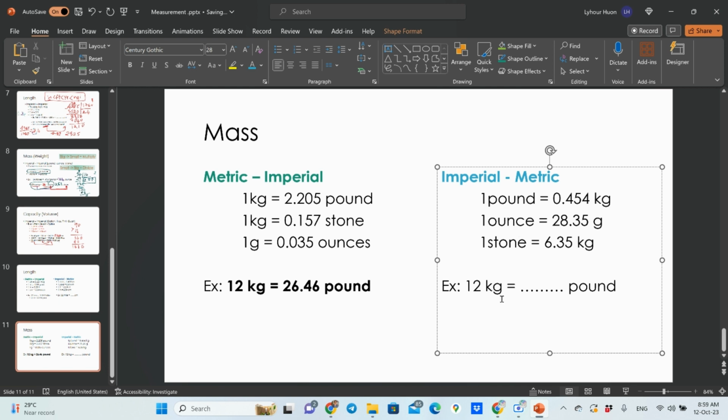To convert, let's do 10 pounds. 10 pounds to kilograms.